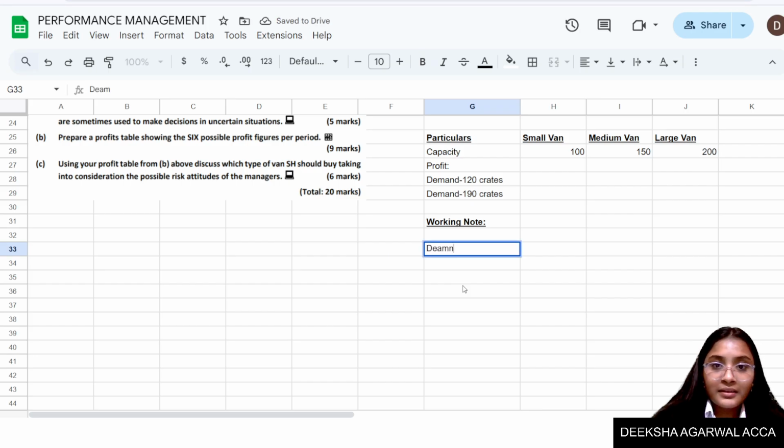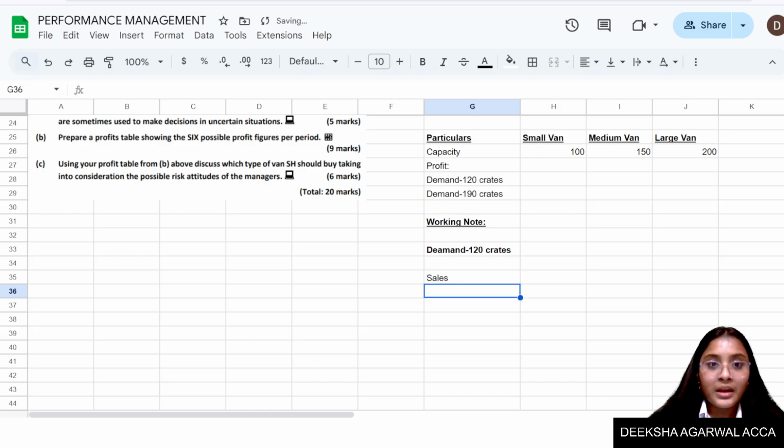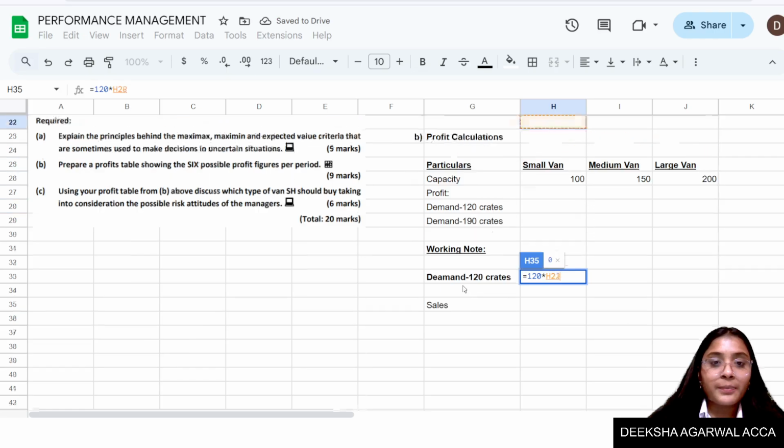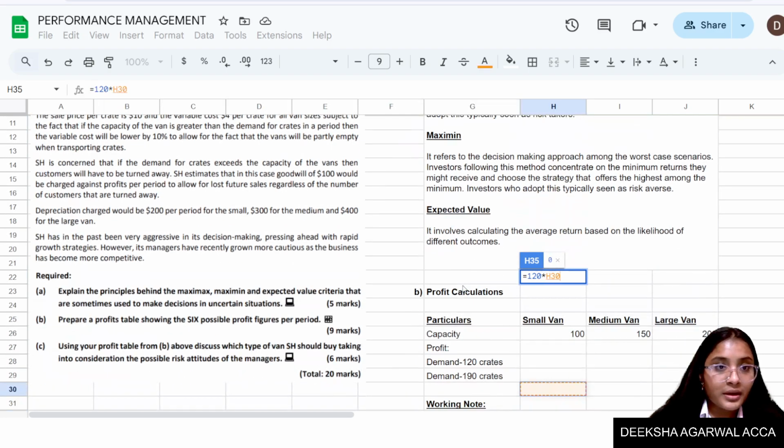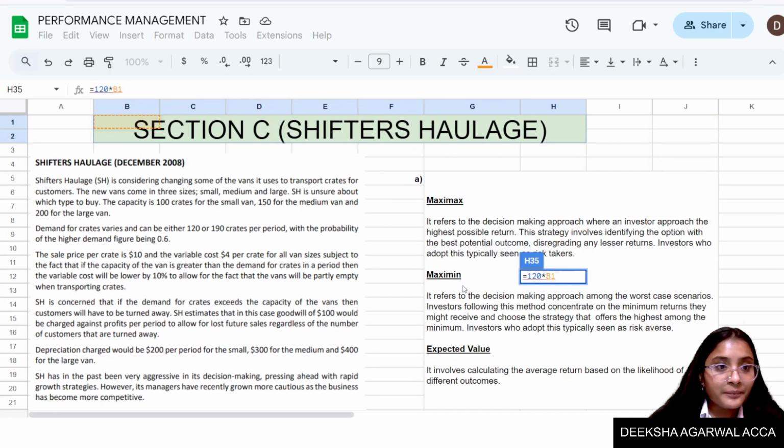When demand is 120 crates, first of all take your sales value. How much will be your sales? 120 into the selling price per crate given to you. See, it's written clearly: the sales price per crate is $10 and the variable cost is $4 per crate.